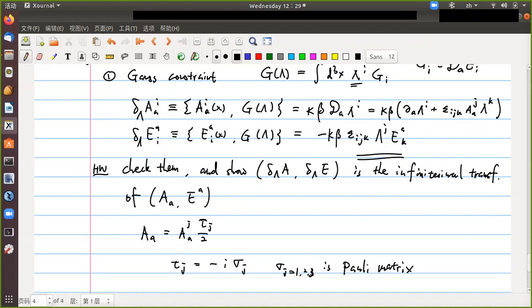All right, and so this is A, and E is similar. E^a is also a matrix, E^a_J τ^J. So here we take the basis for the SU(2) Lie algebra to be τ_J, J equals 1, 2, 3, the SU(2) Lie algebra generators.